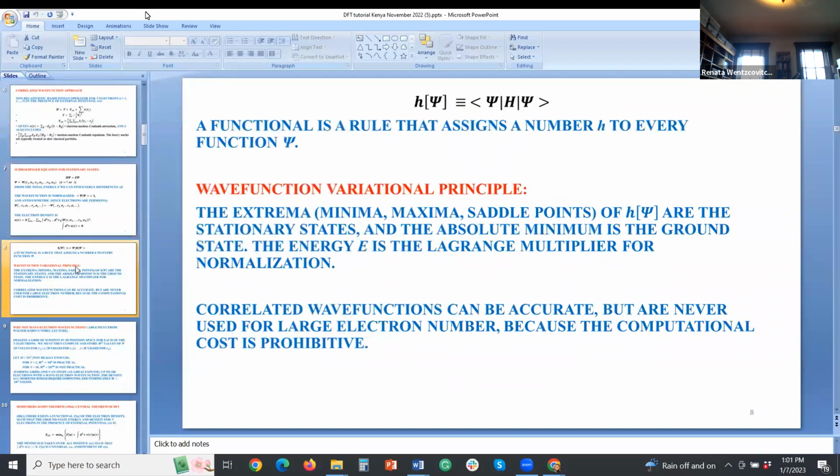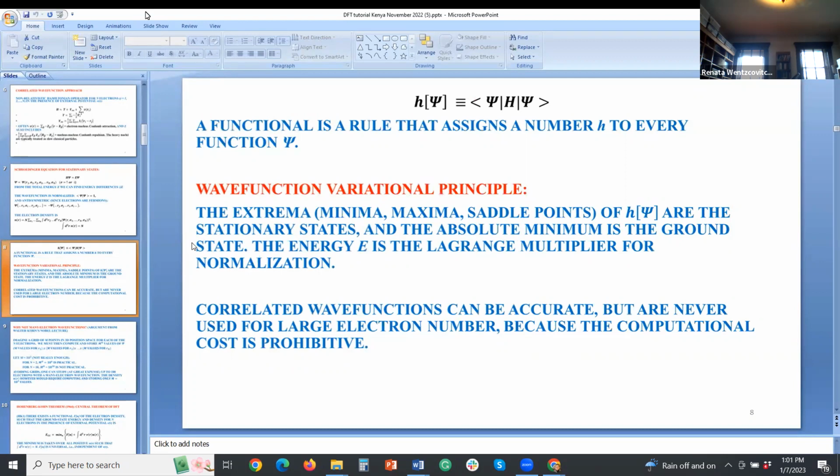Now, what is a functional? A functional is a mathematical rule that assigns a number like H to every function like psi. And in wave function theory, we can define an energy functional, H of psi, which is the expectation value of the n-electron Hamiltonian using an n-electron wave function.